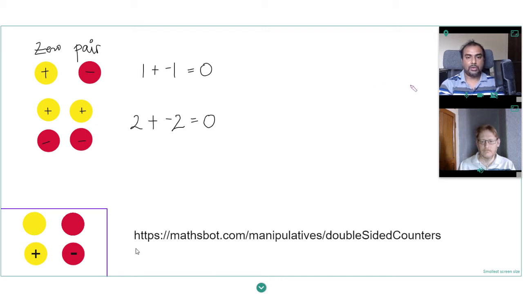Okay, so we're now going to explore these zero pairs and charge imbalances on another website, which is used for maths teaching, but can be used for chemistry as well. And it's called Mathsbot.com. So if you travel over there, Paul, we can get into more exploration on that site.